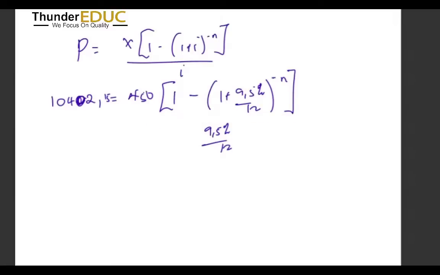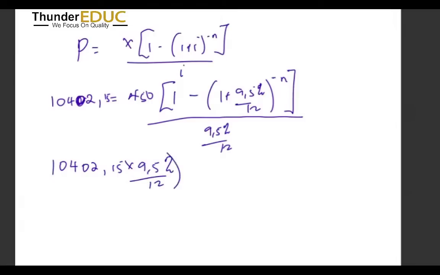All right, so if I do the transposition and making everything the subject, 10402.15 multiplied by 9.5% over 12, the answer I get, I must divide it by 450. I should end up with 1 minus 1 plus 9.5% over 12 to the negative n.